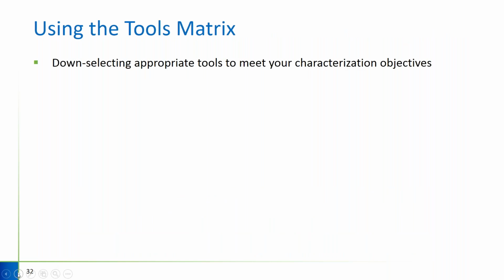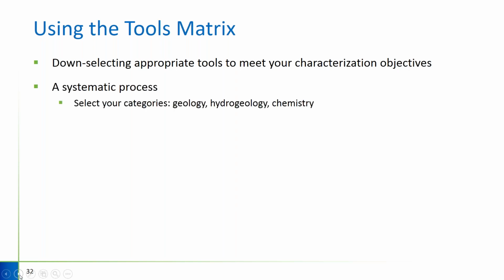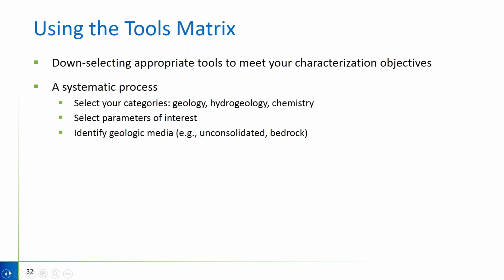The idea is if you're following this process to the letter, you're going to have defined your data gaps, your data collection objectives, and started to write your work plan. And so at this point, you're saying, okay, I know what I want to do. Now I want to decide how I'm going to do it. What specific tools and technologies am I going to use? So that's when you can consult this tools matrix. So that was the idea.